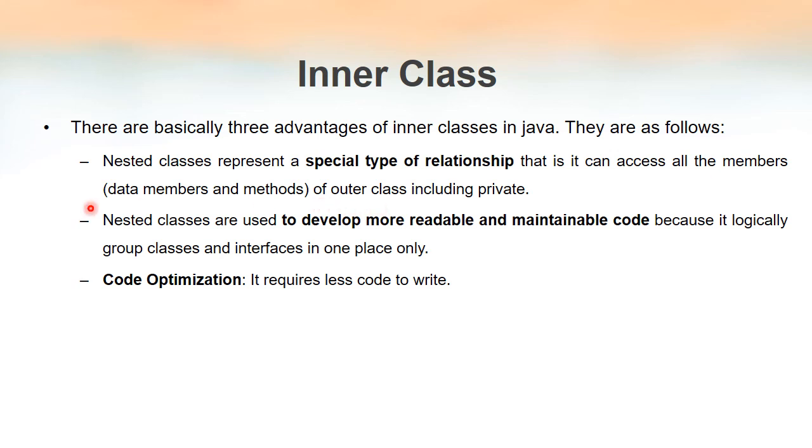The second advantage is we can make our program more readable and maintainable, because we are grouping the related classes together into a single file. And it also acts as code optimization, because we don't have to create separate files. It requires less space and less code to write. We have to write only a few lines of code. So these are the advantages of inner classes.